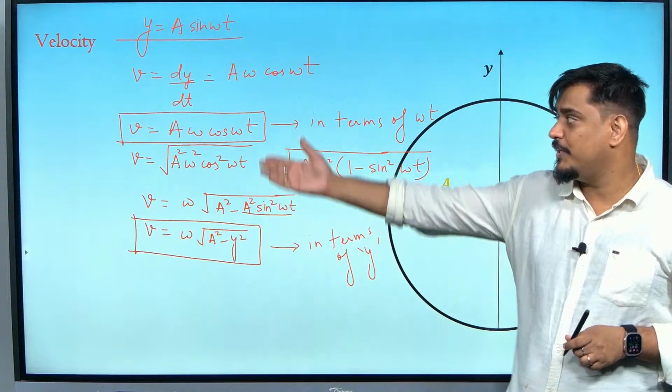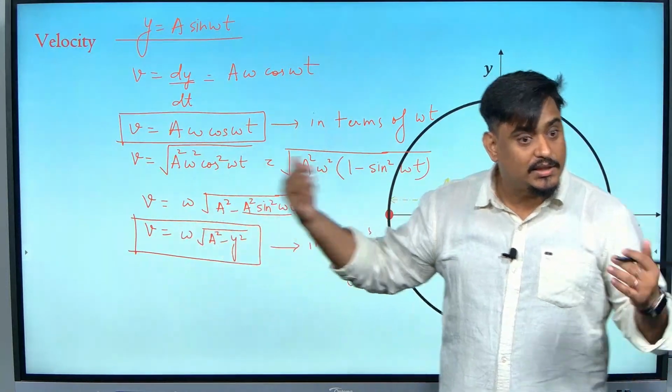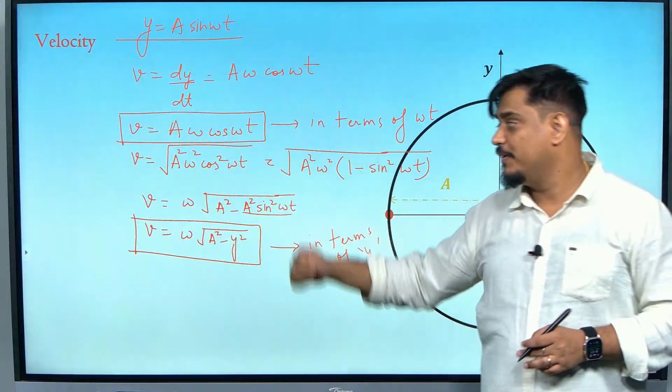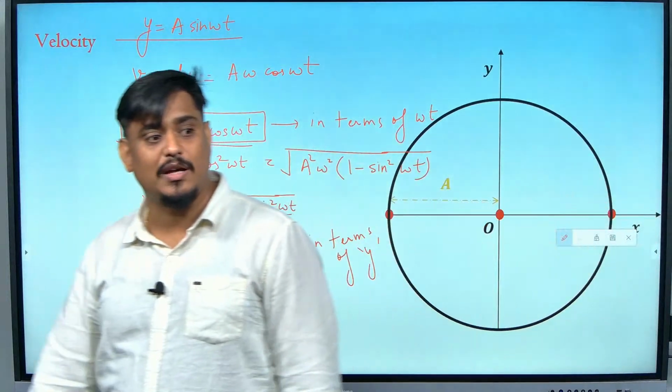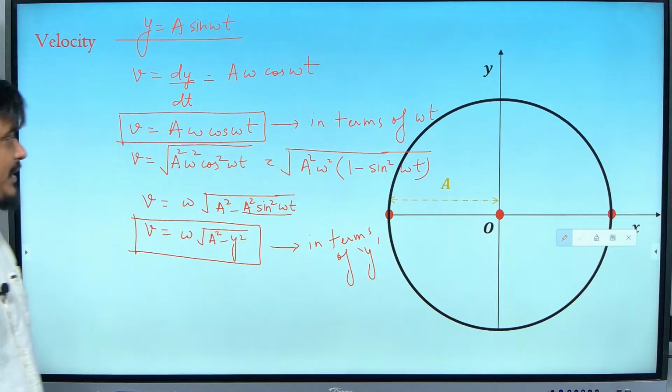Somewhere you may use V is equal to a omega cos omega t. It will help you in solving the numericals. Somewhere you may require V is equal to omega into root over a square minus y square. So this is the equation of velocity in terms of omega t. This is the equation of velocity in terms of y. Copy it fast. Please copy it down.